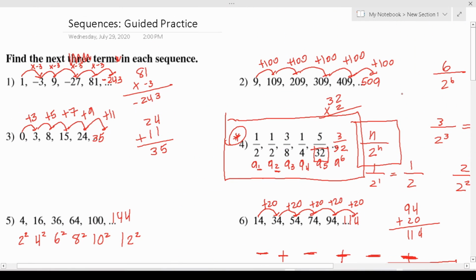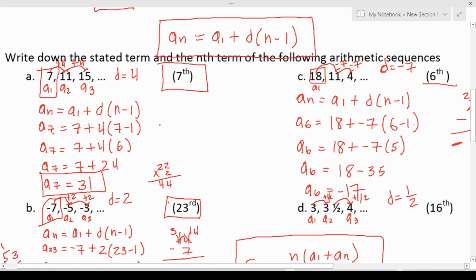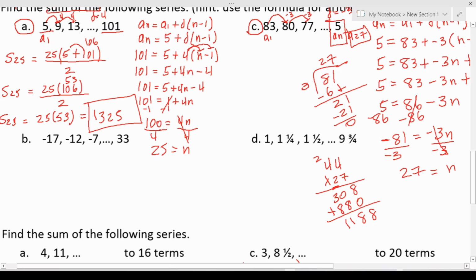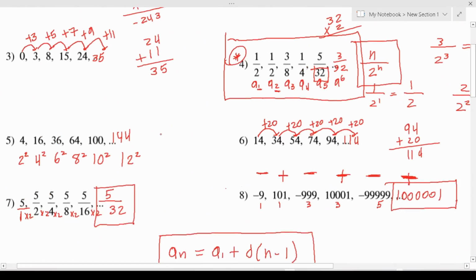Again, on the ASVAB, you should expect to have to deal with series at least once or twice across both the arithmetic as well as the mathematics knowledge subtest. Again, I mentioned that in addition to being able to find the next term in the sequence, you also have to be comfortable working with arithmetic sequences to find the nth term, as well as the sum of all the terms in the sequence or series.